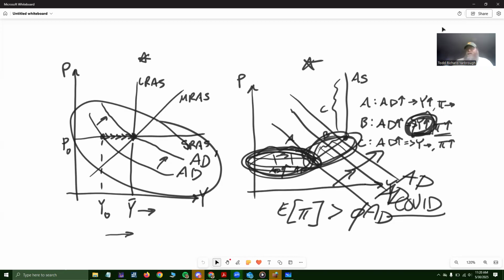We had about an $850 billion fiscal stimulus in 2010. Most economists look at that and think that was way too small. The stimulus should have been much bigger. Doesn't matter. That's still inflationary eventually.